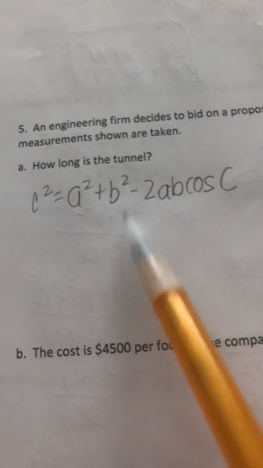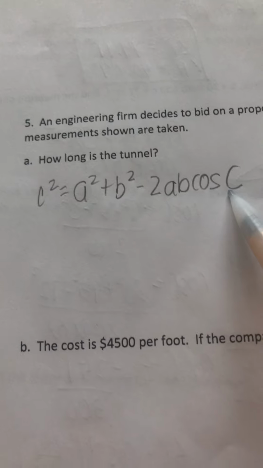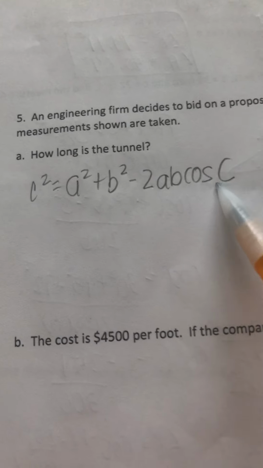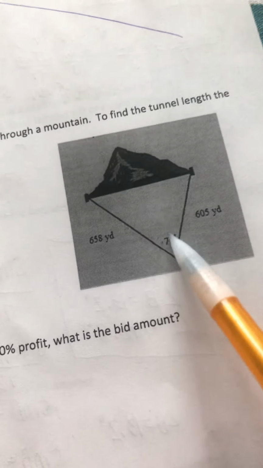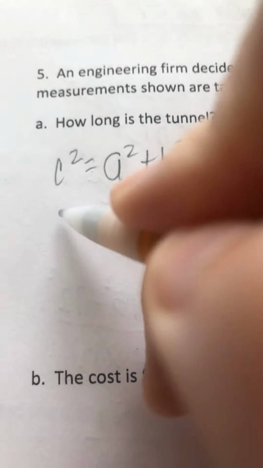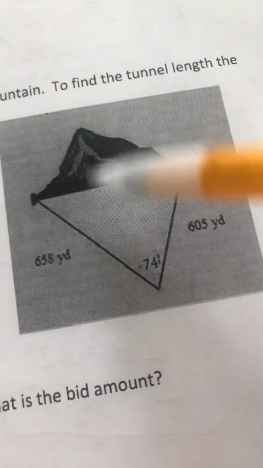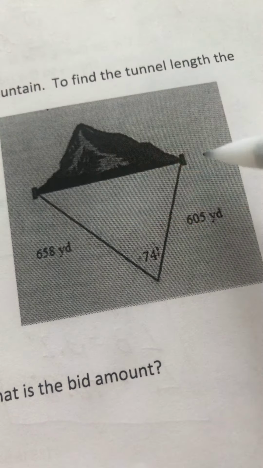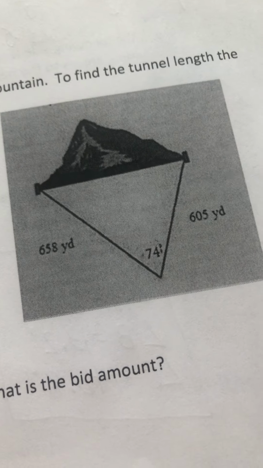Okay, these are just the two sides that you know, and that's always the included angle. That means the angle between the two sides. And the included angle is always across from the side you're trying to find. So you're going to do c squared equals, and if you want in the picture, you can label the vertices with A, B, and C, and then you'll know exactly what version of the formula you want to use.